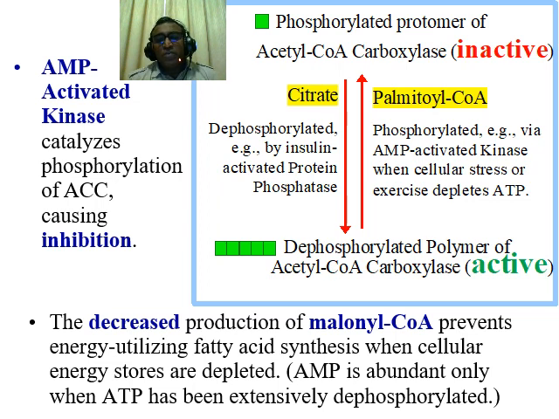By the effect of insulin, when there is a lot of glucose, for instance, insulin will be secreted, and therefore with a lot of acetyl coenzyme A, insulin will cause activation of the protein phosphatase.